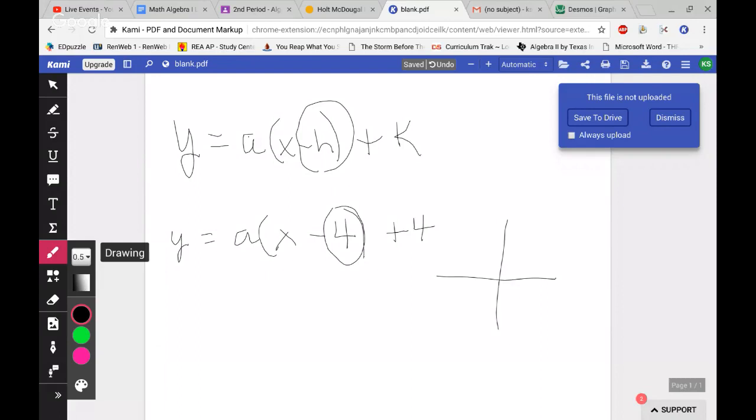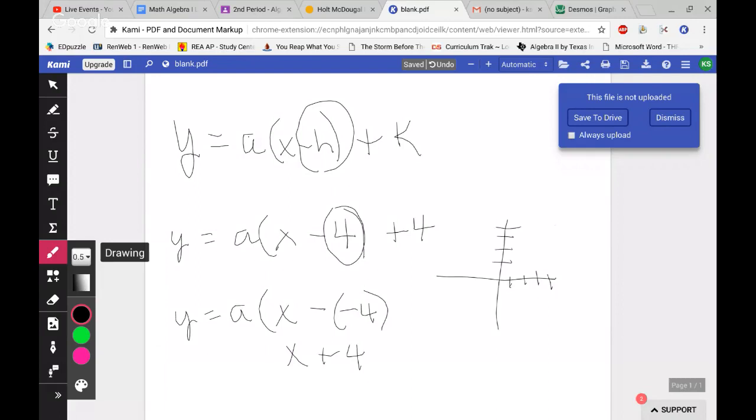If you had y equals x minus a minus 4, that's what makes it positive. So it's the actual opposite. For this particular one, it's a positive 4. I'm going to go right 4, 1, 2, 3, 4, and up 4, 1, 2, 3, 4.